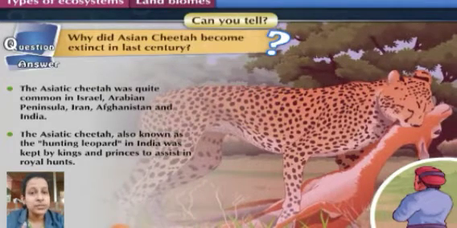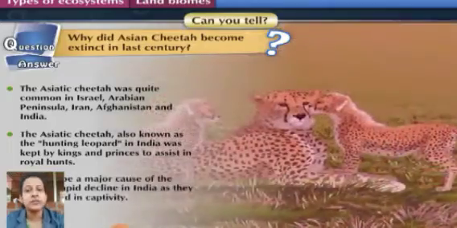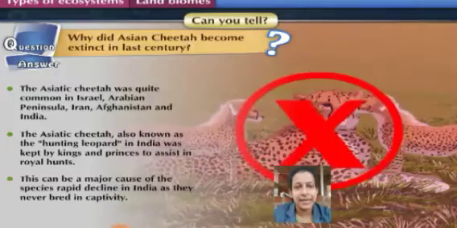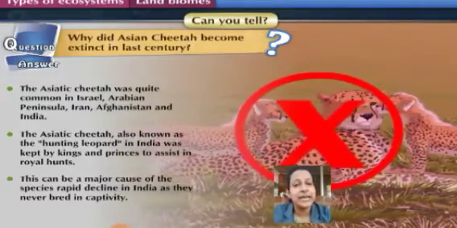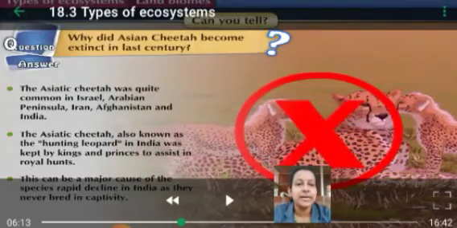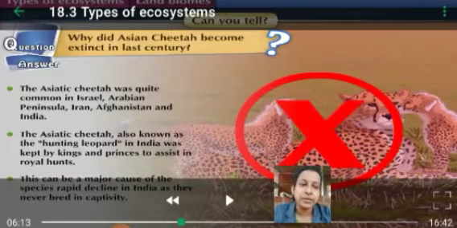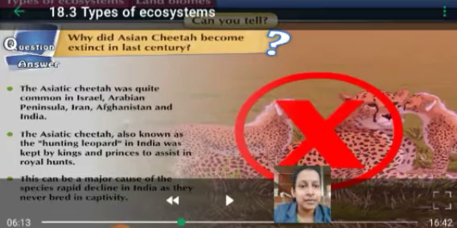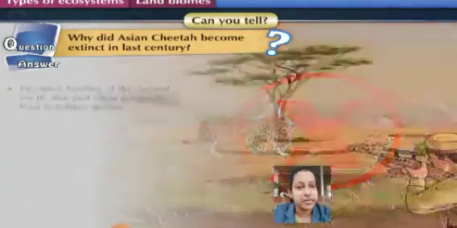This was one of the major causes of the rapid decline of the species in India, as they never bred in captivity because they were separated, and since they could not breed in captivity, their number automatically declined. This is a major cause.